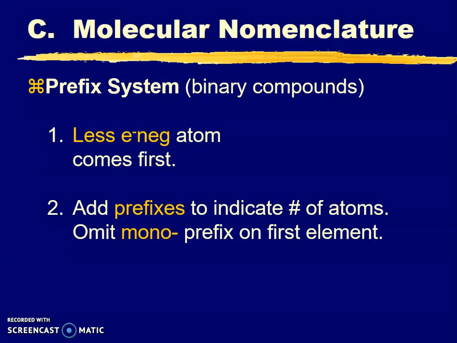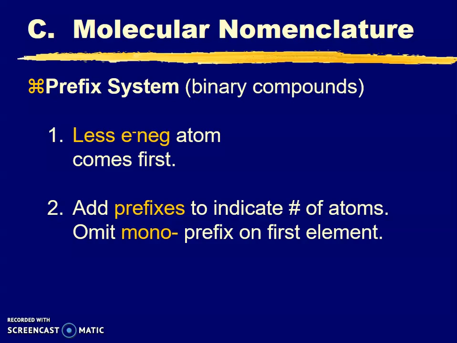We are going to add prefixes to indicate the number of atoms in the compound, with one exception. On the first element, if there's only one, you don't use mono on the first word. You do use mono for the second word. You do not use mono for the first word.